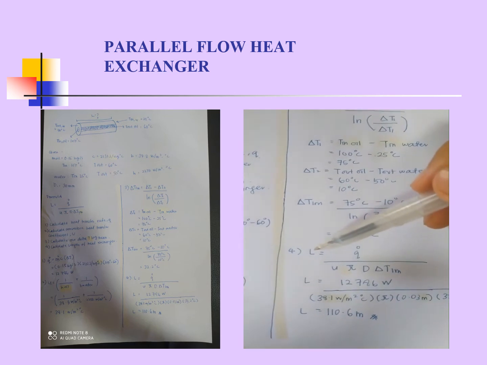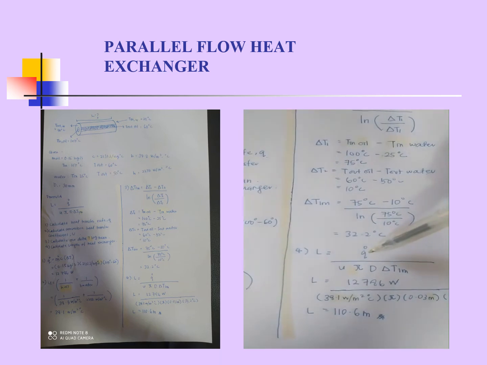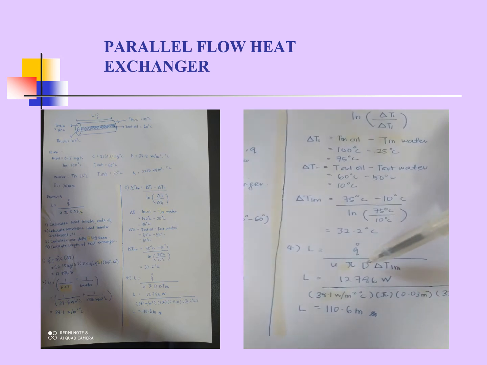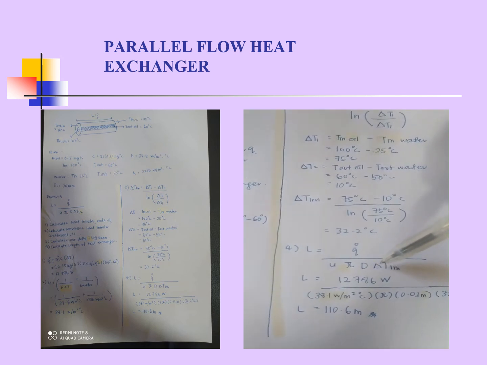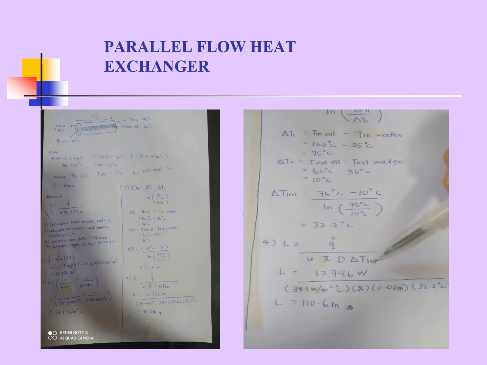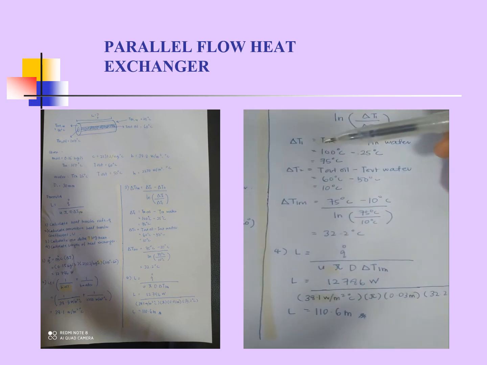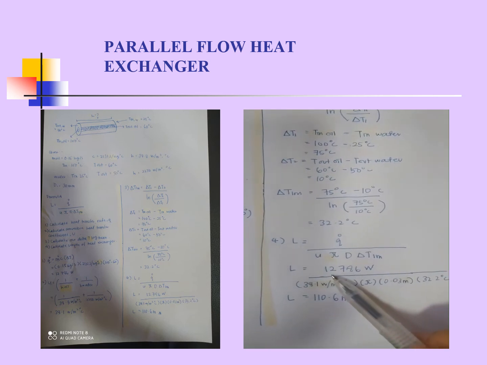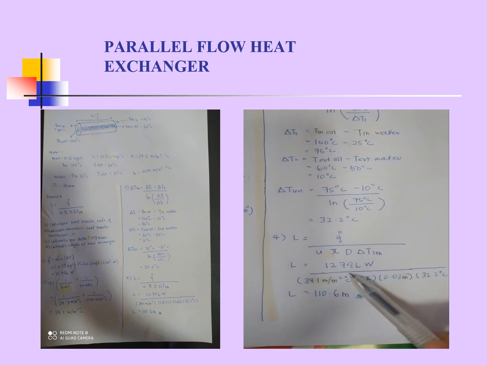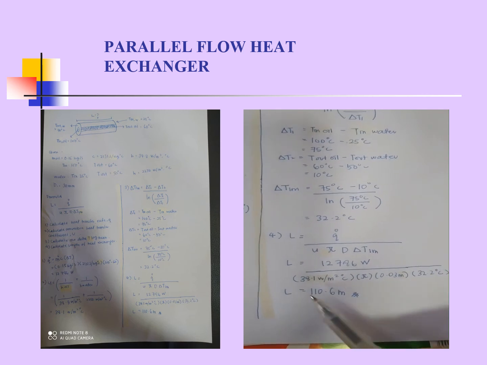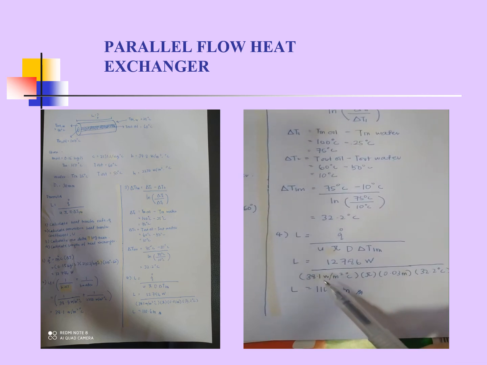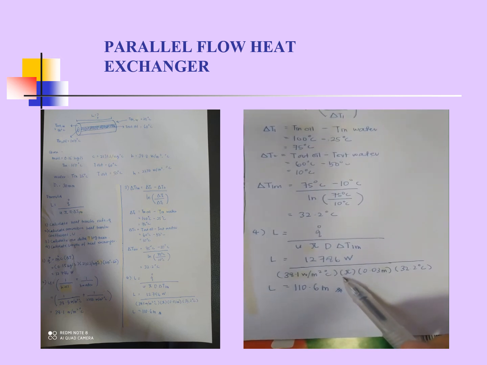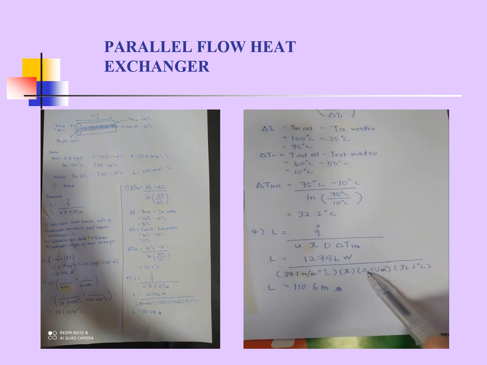The formula for length is Q dot divided by U times pi times diameter times delta T log mean. So L equals 12,786 watt divided by 38.1 watt per meter square degree Celsius times pi times diameter.